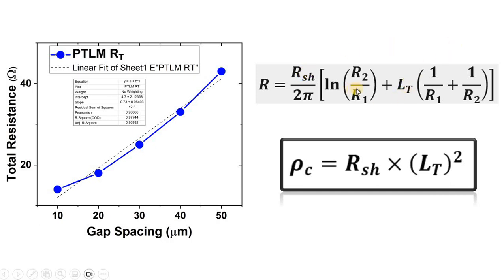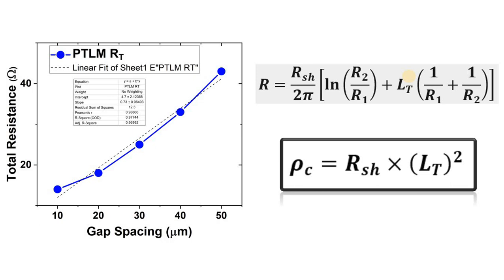R1 over here corresponds to the radius of the inner circular contact, and similarly R2 corresponds to the radius of the outer circular contact. In this equation, LT is the transfer length, which is a measure of the average distance over which current flows from the semiconductor to the metal contact.